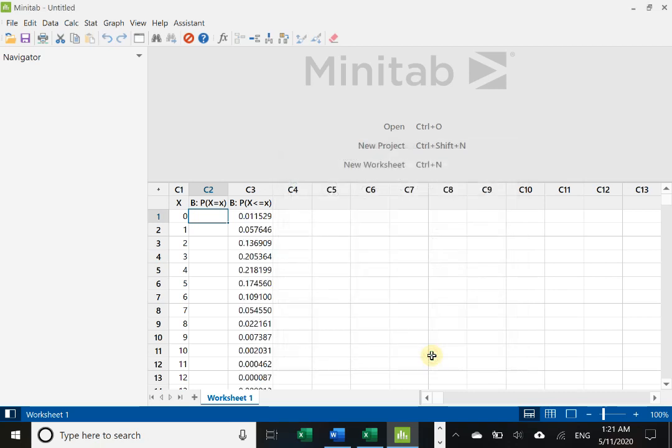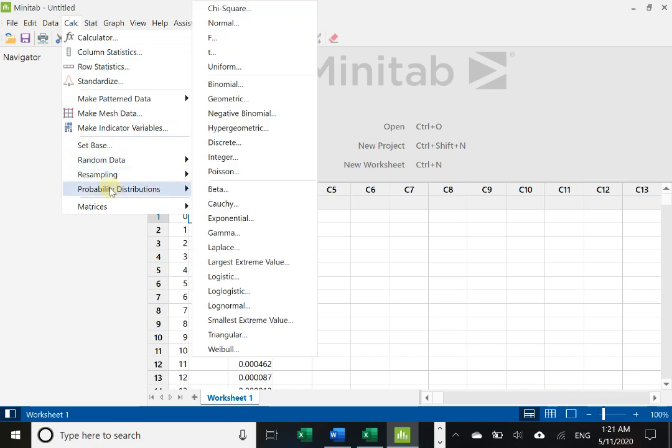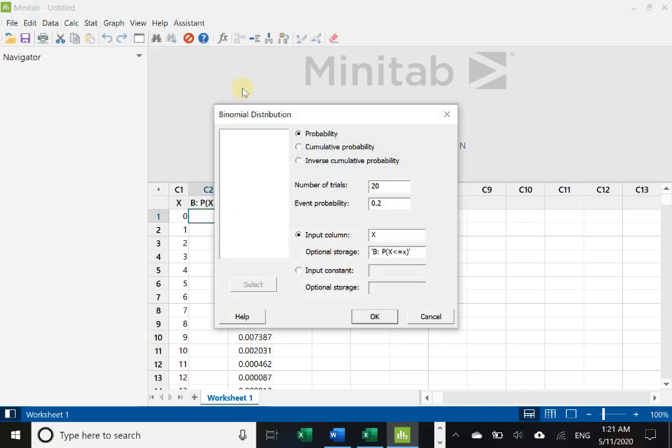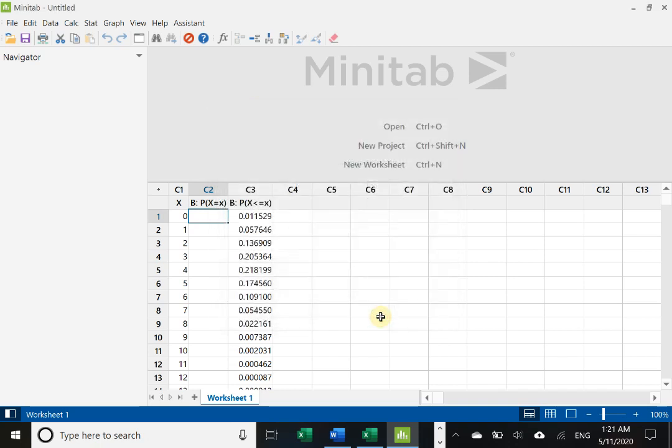Okay. Oops, and that went in the wrong column. It went to C3. I see. No worries. Let me go Calc, Probability, Binomial, and in this one I'm going to go column 2. What happened?